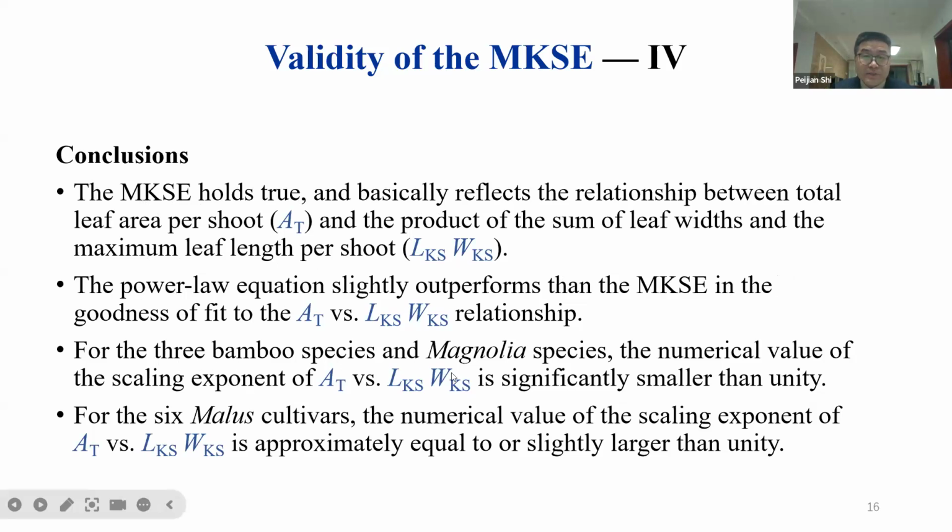For the three bamboo species and the Magnolia species, the scaling exponent, namely the slope of AT versus LKS multiplied by WKS, is significantly smaller than unity. For the six Malus cultivars, the slope is approximately equal to or slightly greater than unity.